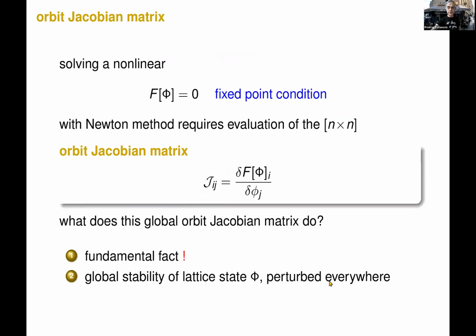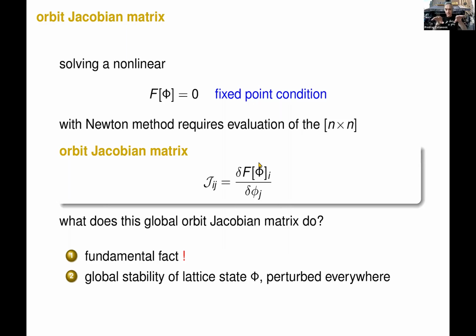It's a fixed point condition. And one way you can solve a fixed point condition in general is you can make guesses what a solution is and then use Newton's method to improve your guesses, which means you need a first derivative of a fixed point condition. And this I'll call the orbit-Jacobian matrix.